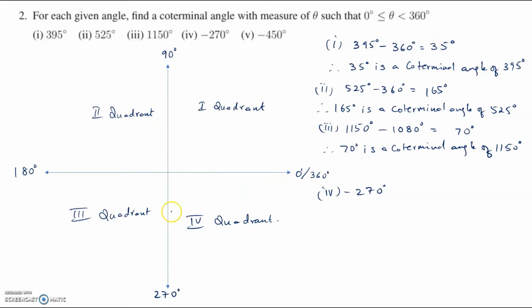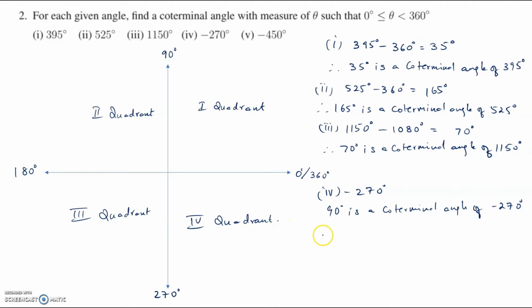So minus 90 would be here, minus 180 would be here, minus 270 will be exactly the 90 degrees here. So 90 degrees is a coterminal angle of minus 270 degrees.